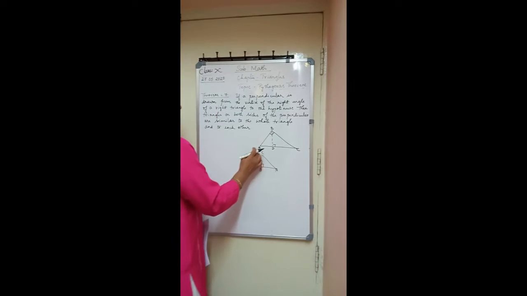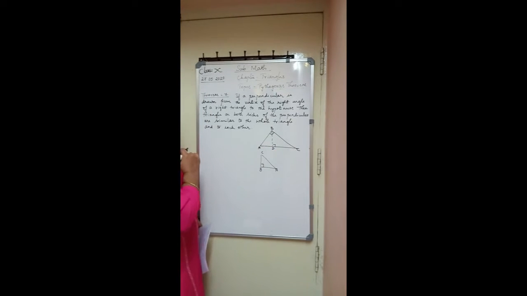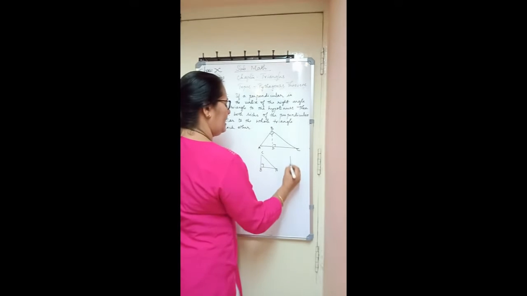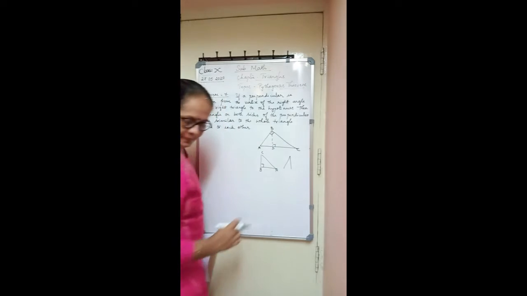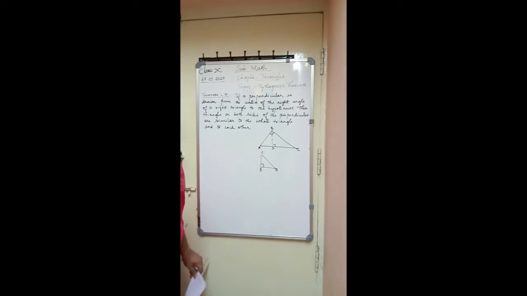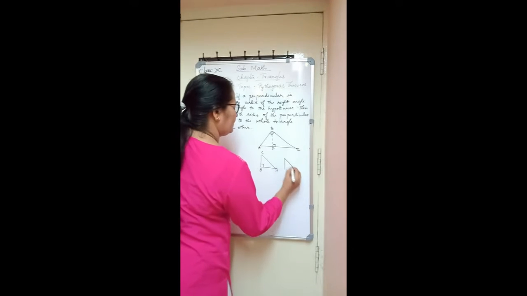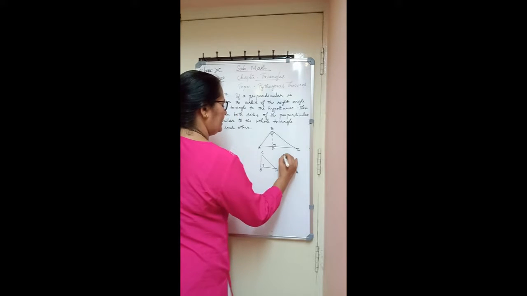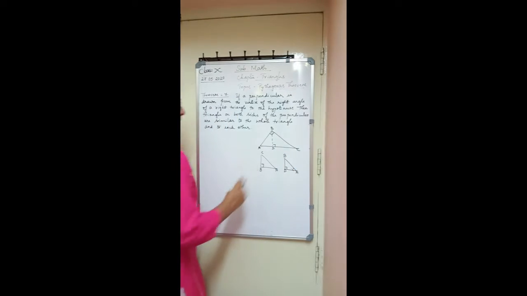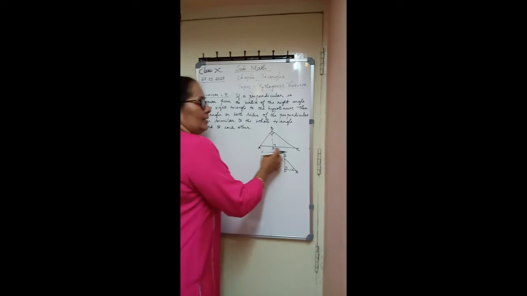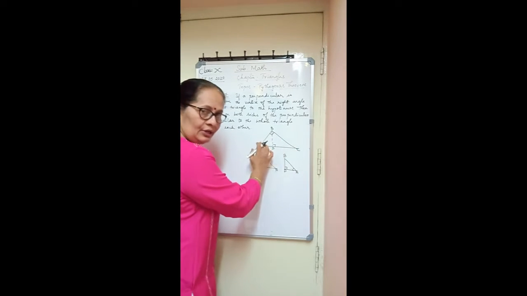So in this triangle ABC, and take triangle ADB. Common angle A, and D is 90 degrees. Now see, ABC is a given right angle triangle, and draw BD perpendicular to AC, then you will get again two right triangles.